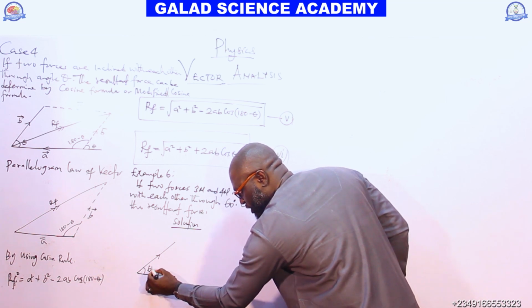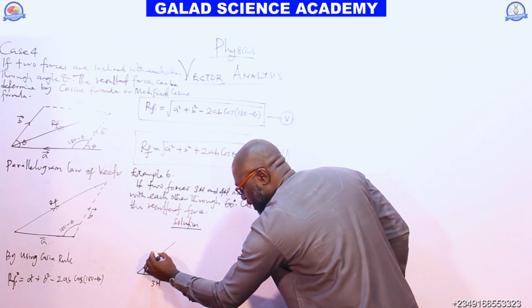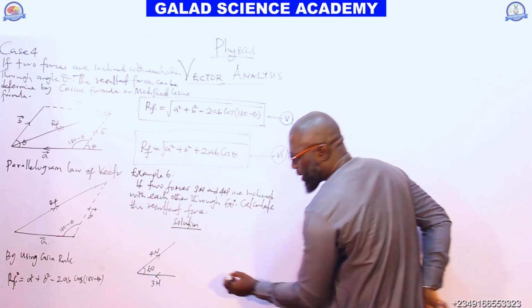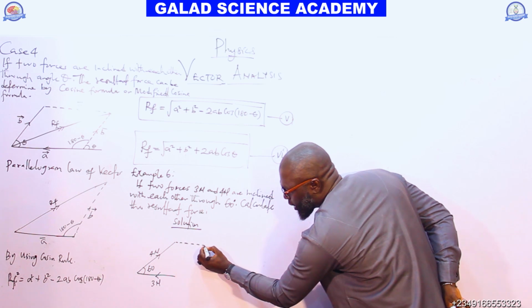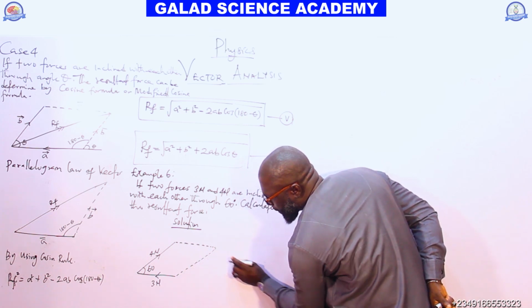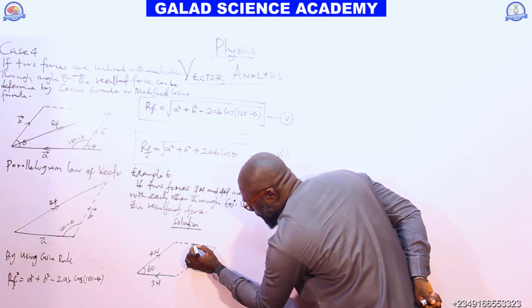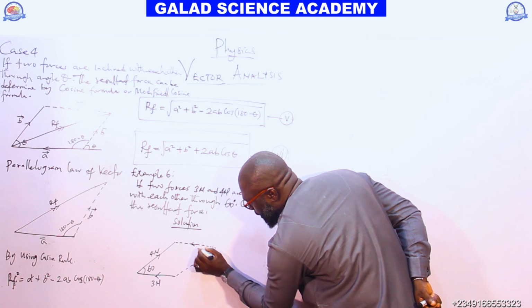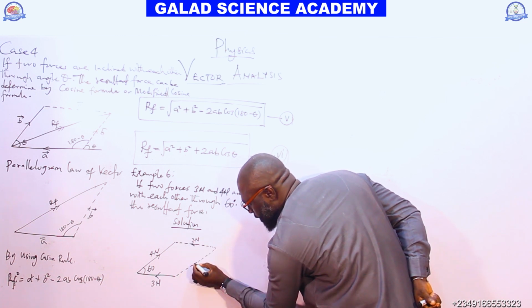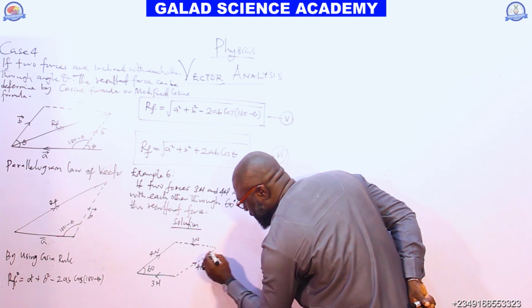This is the angle of inclination, 60. Here we have 3 Newton, and here we have 4 Newton. Then draw and make it a parallelogram. This is 3 Newton, and this side is also 4 Newton.